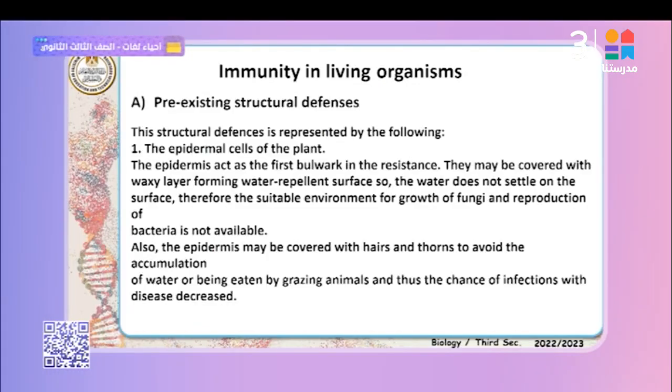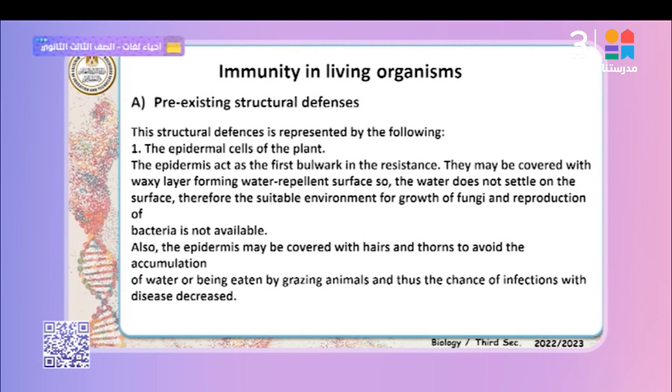The epidermis cells of the plant, the epidermis, act as the first bulwark in resistance. They may be covered with wax layers to prevent accumulating water. If water doesn't stay on the surface, then there is no suitable environment for the growth and reproduction of fungi. Bacteria are not available also.